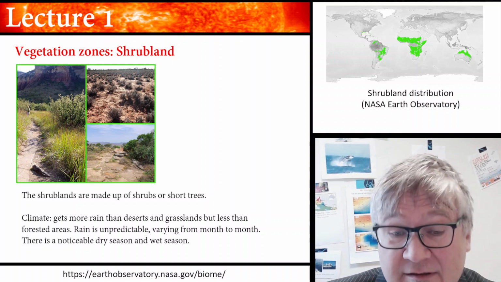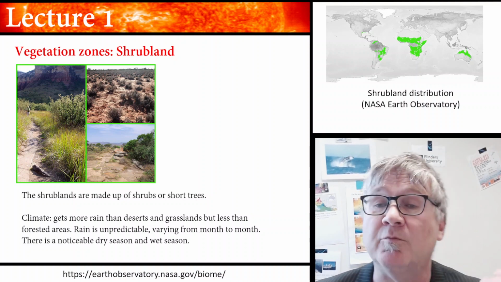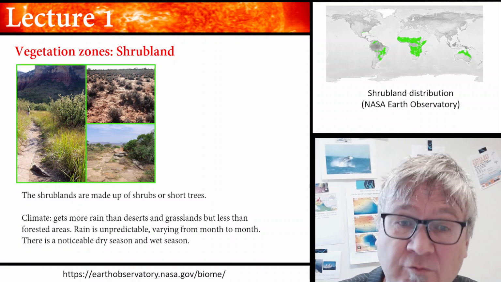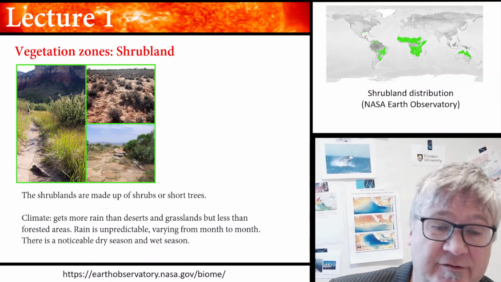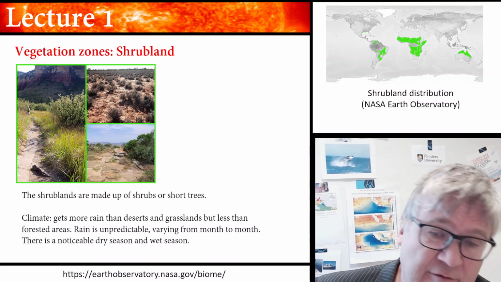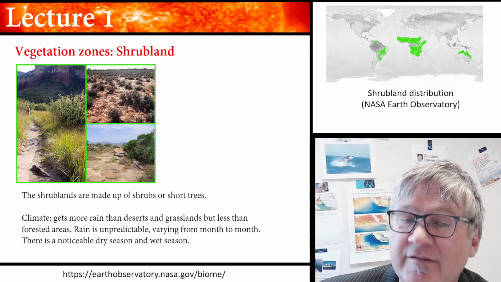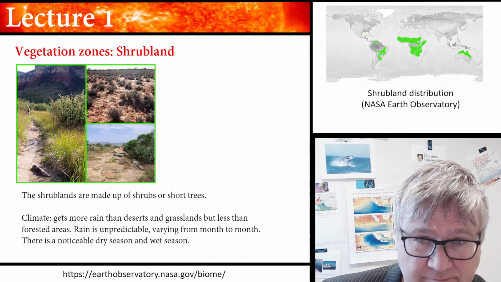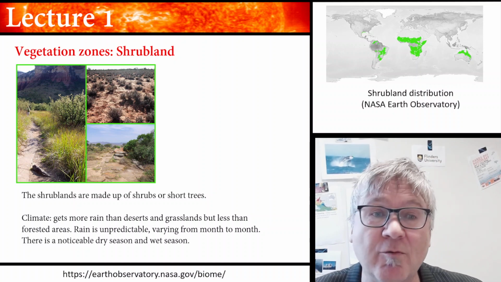Gets more rain than deserts and grasslands, but less than forested areas. You can see what rainfall does to regions. If you have not enough rainfall, you get stuff like this. And rain in those regions is unpredictable, varying from month to month. And there is a noticeable dry season and a wet season in these areas. Okay, shrubland.